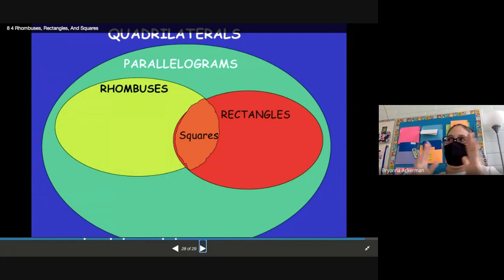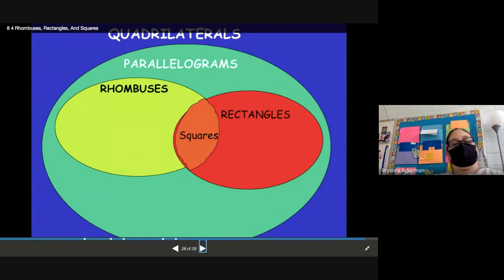So very, very generic is quadrilateral. Then we go a little more specific with parallelograms. And then we go into the 2 ovals of rhombuses and rectangles. Those are both parallelograms, right? But they're not on each other. So a rectangle is not a rhombus and a rhombus is not a rectangle. But if they're both, then they're a square.